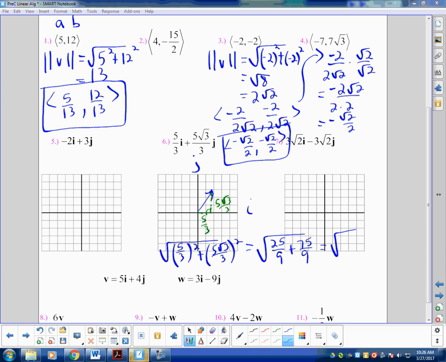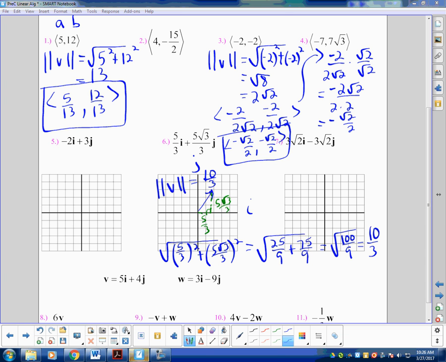Square root of 100 over 9. Both are perfect squares. So I get 10/3. And that is my magnitude. So here we have a magnitude of v of 10/3. That's just telling me the length of that vector. So magnitude of v is equal to 10/3.